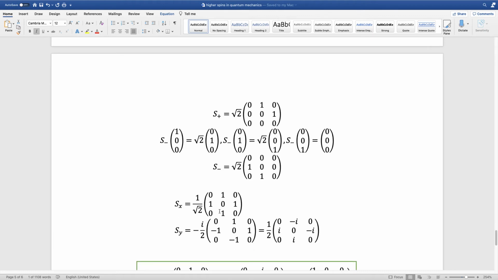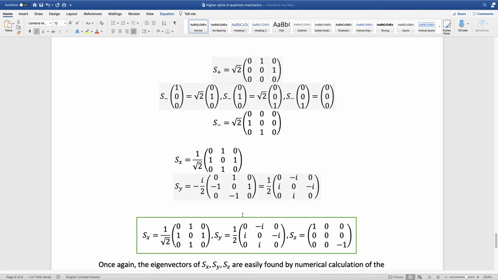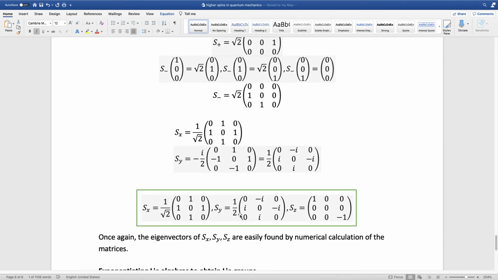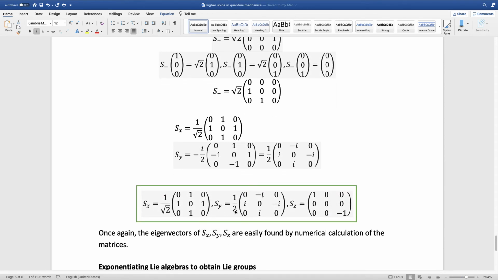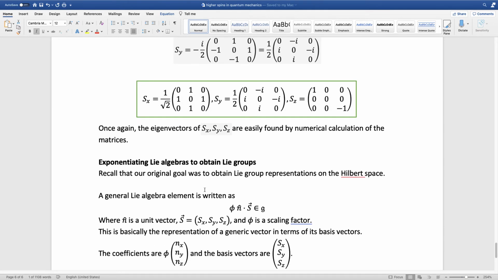This gives us the matrix representation of the spin x and spin y operators, and this is a summary of the results. You can see that this agrees with the Wikipedia page, and similarly the eigenvectors can be easily found by numerical calculation of the matrices' eigenvectors. So I will not be covering that.